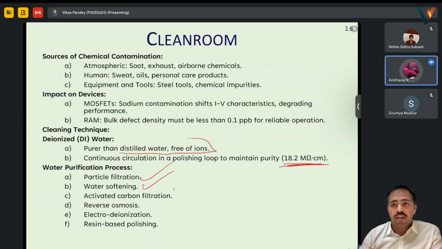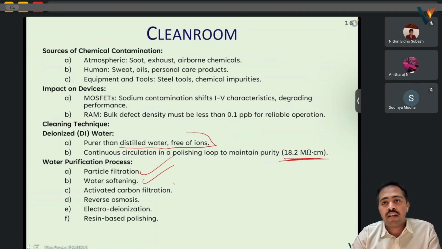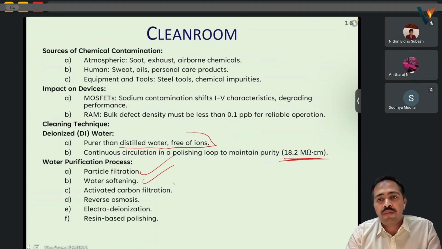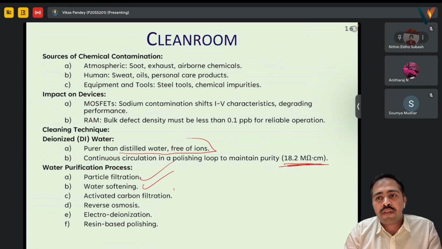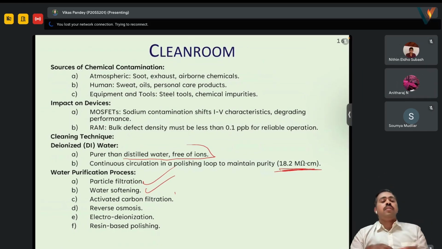Your voice is not audible. It's breaking. Okay, hello, is it audible now? Your voice is just breaking. Okay, just a minute, let me try. Is it better now? So now it is okay.